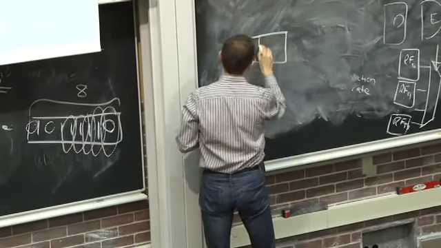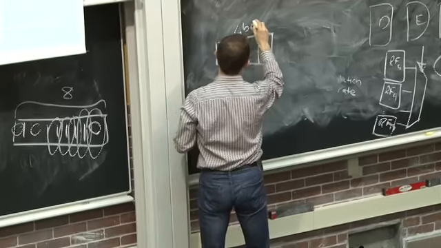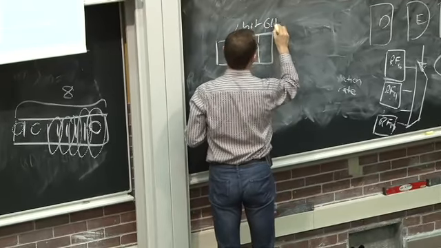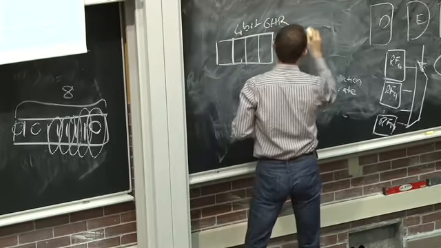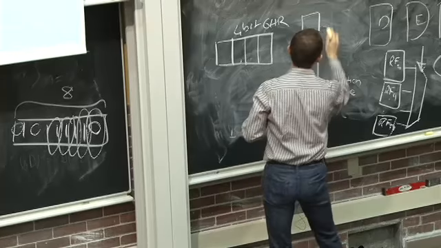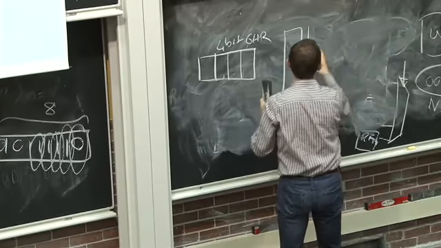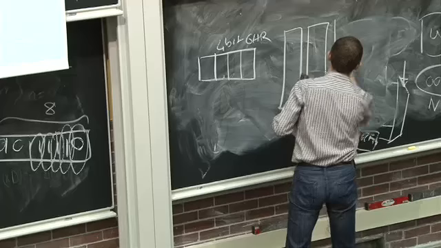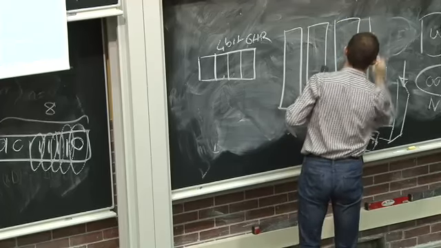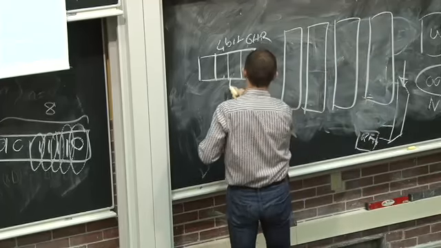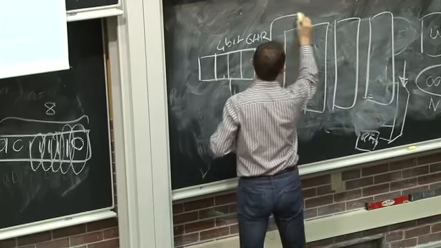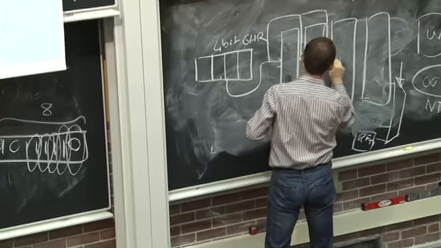Basically, it had a 4-bit global history register. And using this, you would index into 4 different pattern history tables of 2-bit counters. And this register was used to index into every one of them.